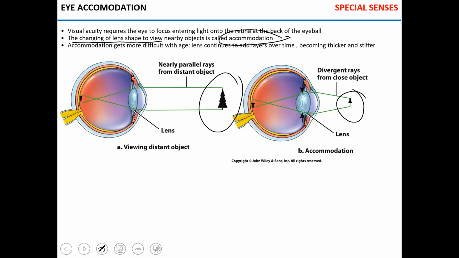When people age, accommodation becomes harder because with age, lens, which is a cellular structure, continues to add new cellular layers that makes lens thicker and stiffer. Accommodation becomes complicated.